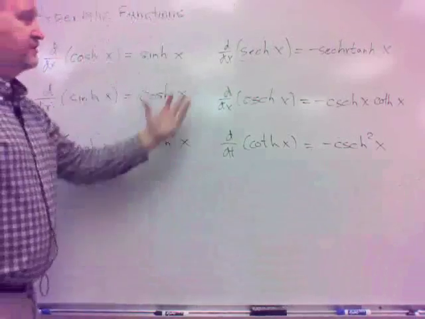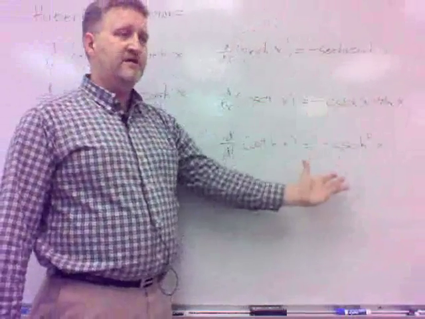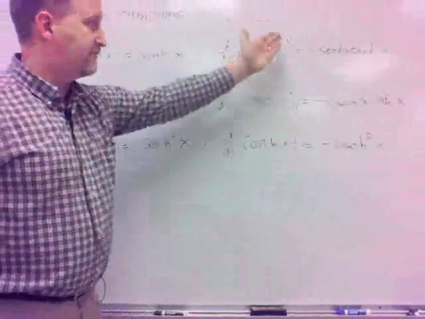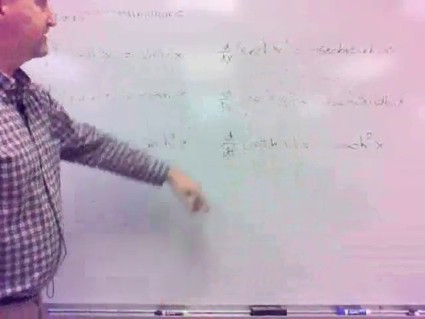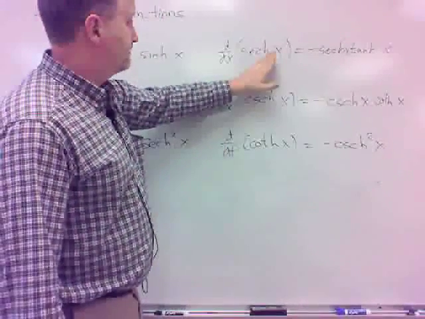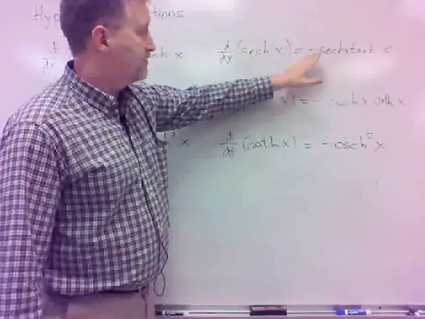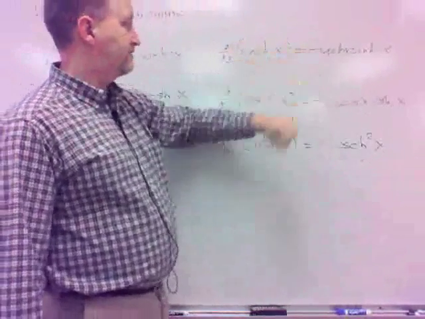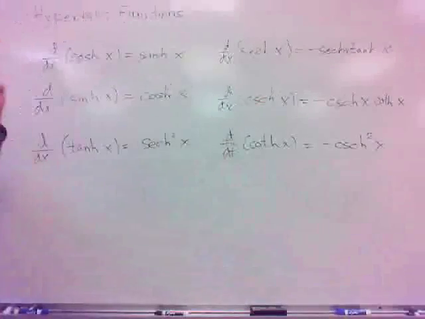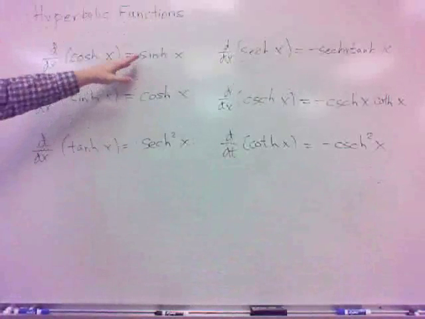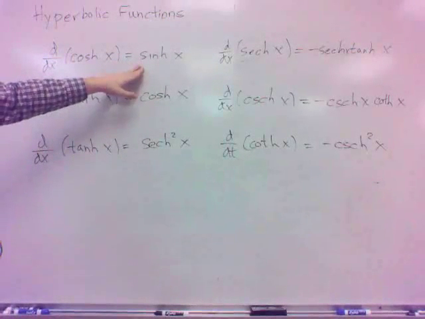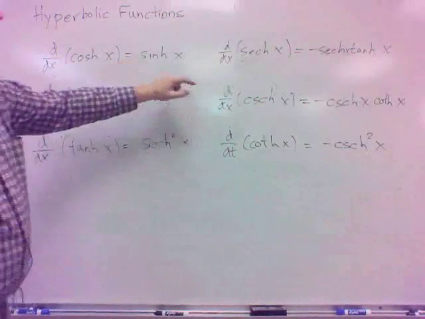So they're all similar to their trig function counterparts, except the negatives are in different places. In trig functions, secant is not a negative. It's a positive secant tangent, but this is a negative secant tangent. This one, like I said, we already mentioned. It's minus sine in trig functions.